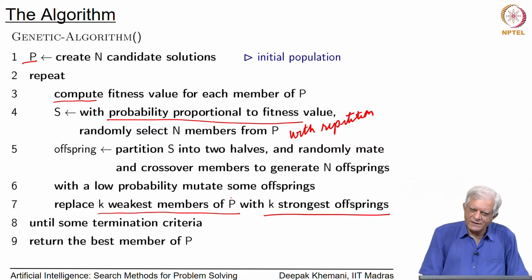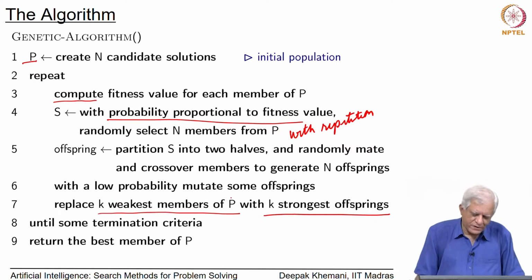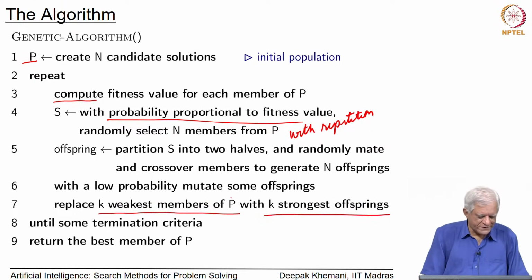Of course, k could be equal to n also, which would mean that you are replacing the entire population with the new population, but sometimes people who implement things like to keep the previous best few candidates to carry forward to the next cycle.